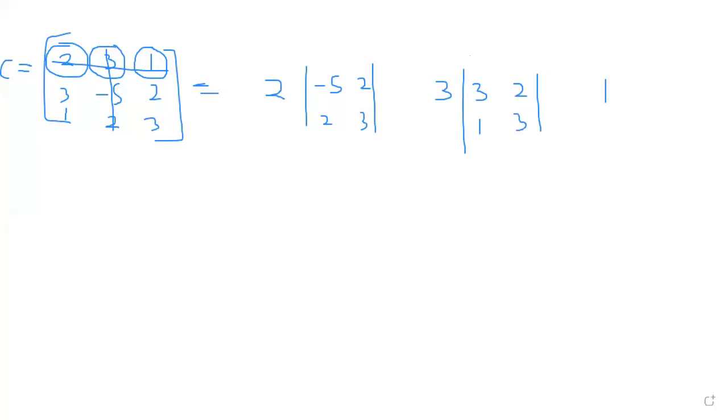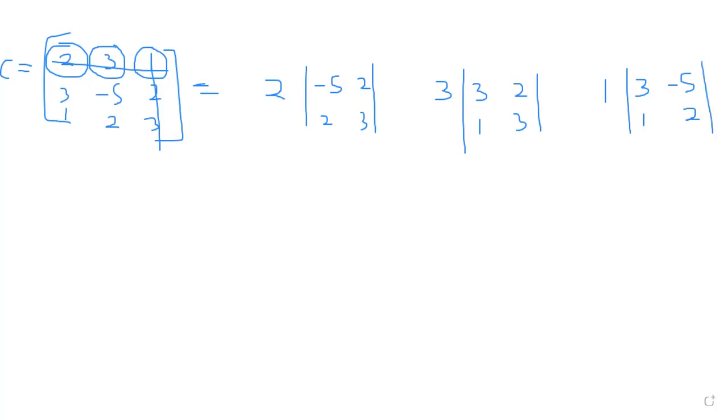The next, when we select 1, we are going to delete the third column here. So the minor matrix will be 3, minus 5, 1, and then 2.